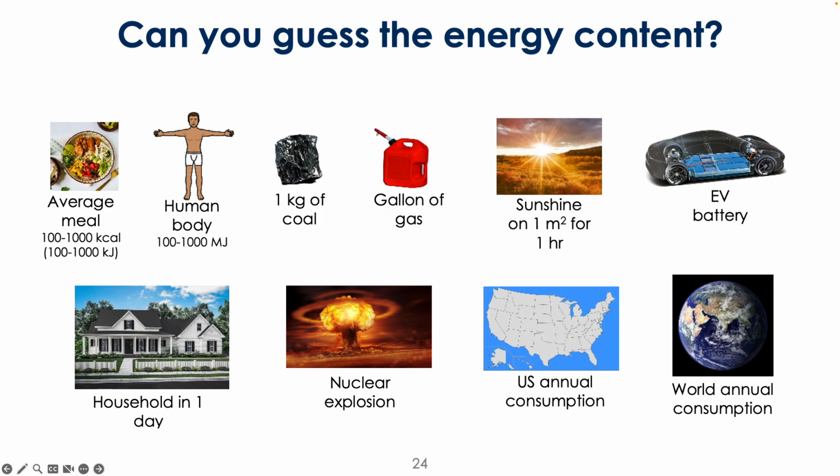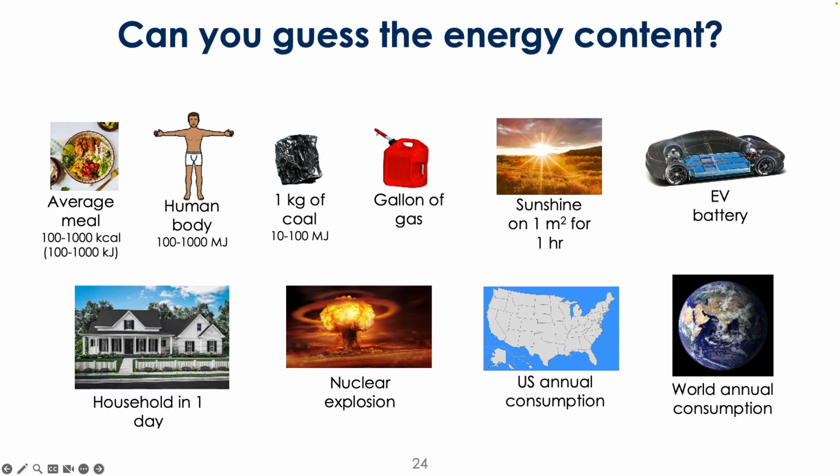Okay, what about 1 kilogram of coal? How much energy do you think? You can think of this relative to what you might find in the human body. Would we say more or less? Less? Okay, that's right. So we'll say 1 order of magnitude less, so 10 to 100 megajoules, kind of the middle of that.